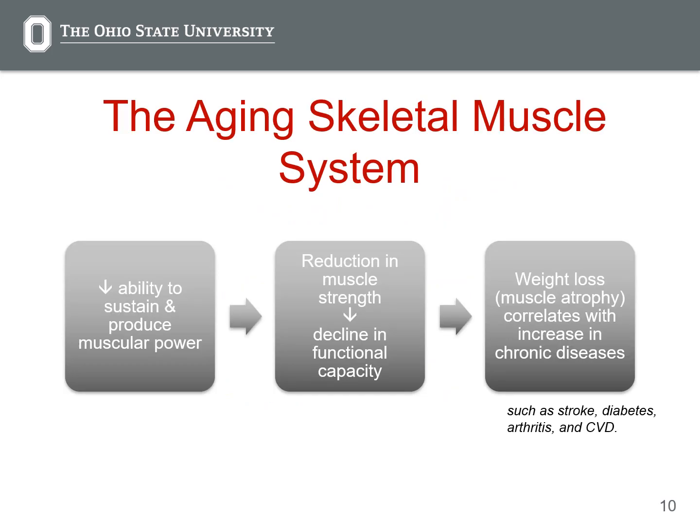So with aging, there's a decrease in ability to sustain and produce that power, which we talked about. We see a significant reduction in muscle strength, which leads to a decline in functional capacity. And then we see weight loss or this muscle atrophy correlate with an increase in chronic diseases such as strokes, diabetes, arthritis, and cardiovascular disease.